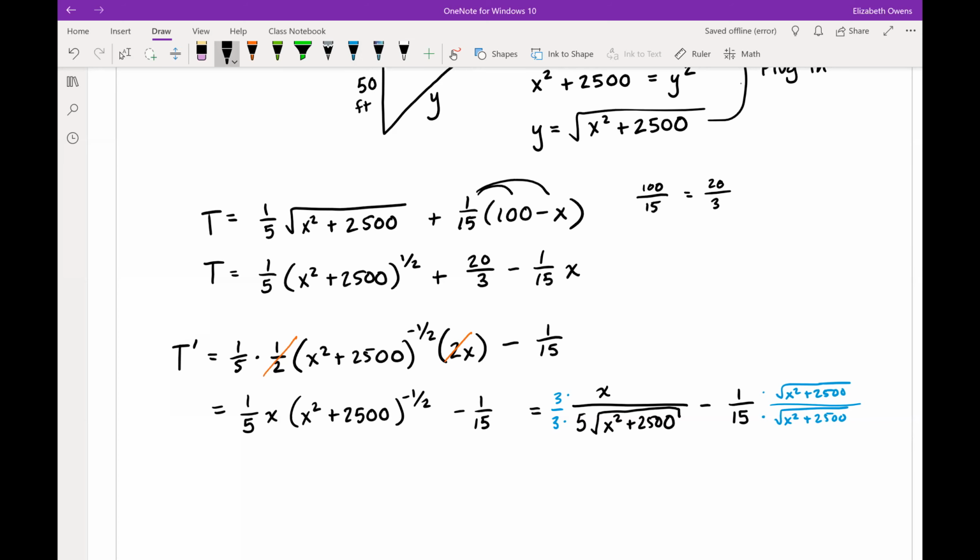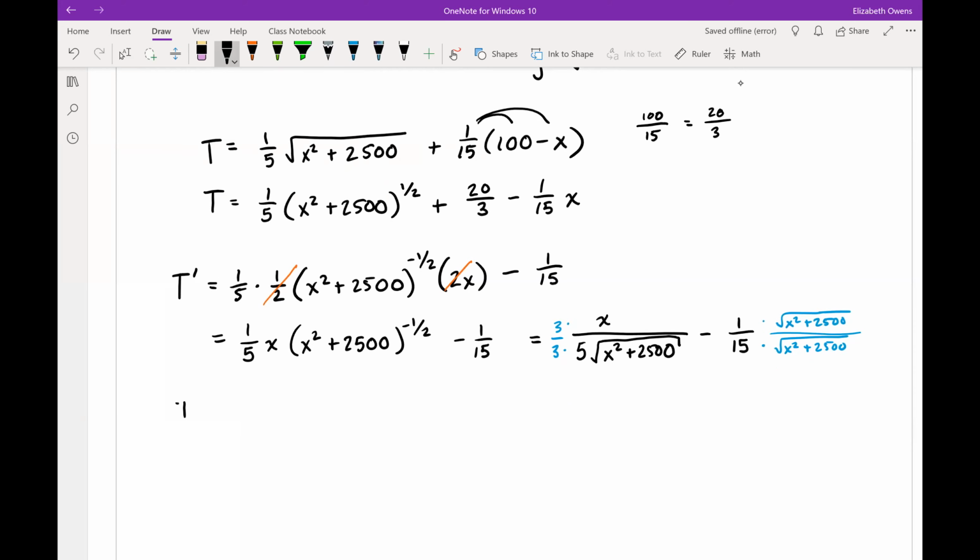That way we can get it all with a common denominator. Okay. So here's our t prime formula here. We're going to have 3x from here and then minus that square root term, minus the square root of x squared plus 2500, all over 15 square root of x squared plus 2500.